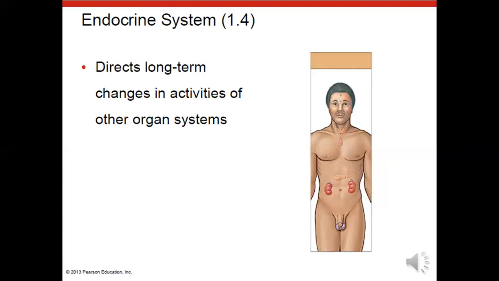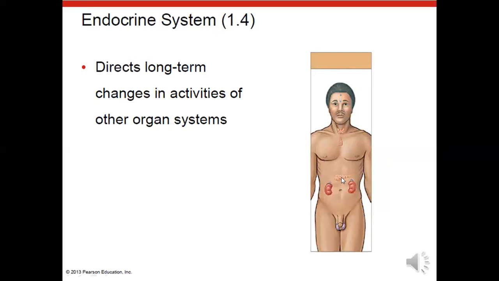The urinary system, right? Or the pancreas. Here's the pancreas. The pancreas is part of the digestive system, but it also can produce hormones, meaning that it's an endocrine organ. So if an organ in your body can produce a hormone, and a hormone is a molecule or a substance that is secreted into the bloodstream, that organ is considered part of the endocrine system.